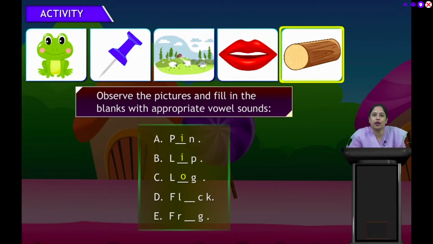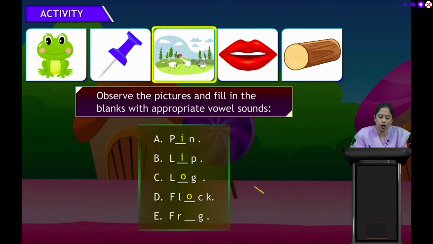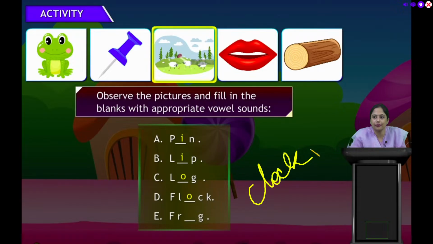Log, like ox, hot, log. Is it short or long? It is again the short vowel sound. The fourth one, F-L-O-C-K, flock, block, clock. Is it short or long? It is the short sound.